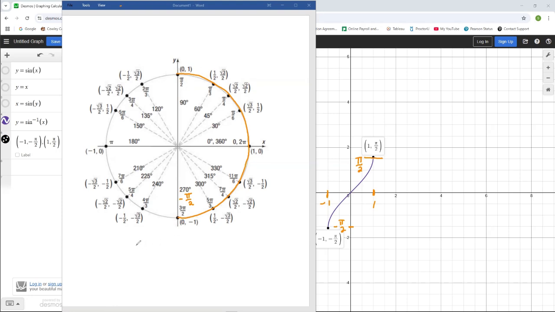Now remember, if I asked for the sine, so I said, give me the sine of, let's say, π/4. Okay, so remember the sine is the y coordinate. So the sine of π/4 is going to be square root of 2 over 2.